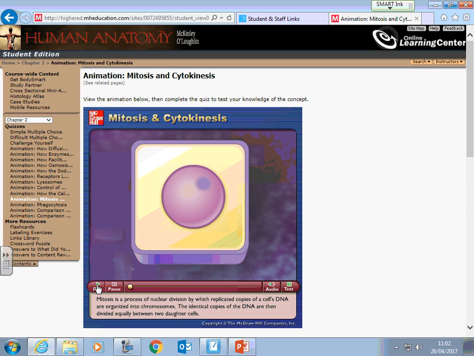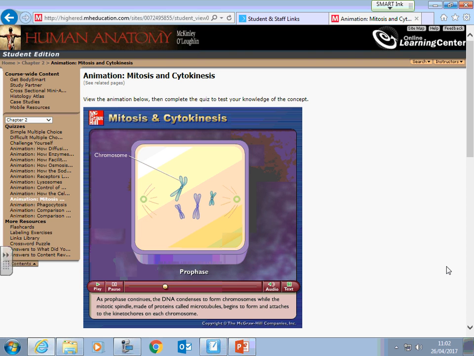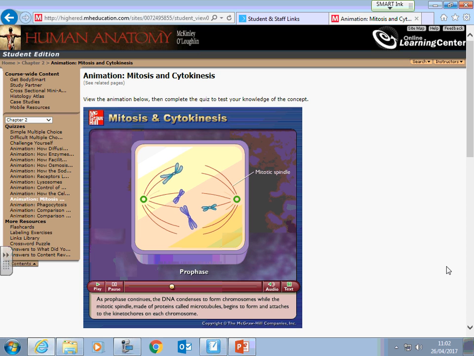It's fairly quick. Mitosis is a process of nuclear division by which replicated copies of a cell's DNA are organized into chromosomes. The identical copies of the DNA are then divided equally between two daughter cells. Early in mitosis, during prophase, the nuclear membrane and nucleolus begin to break down. As prophase continues, the DNA condenses to form chromosomes, while the mitotic spindle, made of proteins called microtubules, begins to form and attaches to the kinetochores on each chromosome.